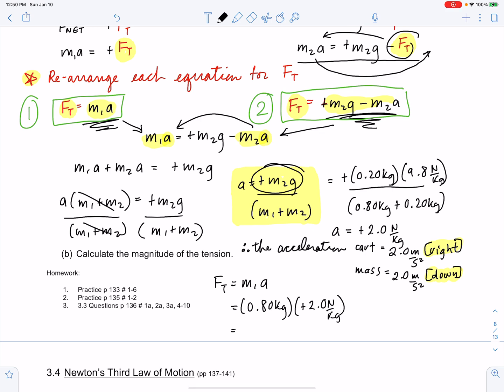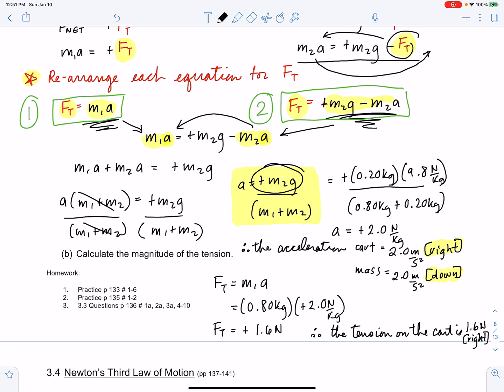If you punch this into your calculator, you end up with a force of tension acting on the cart of positive 1.6 newtons. Therefore, the tension on the cart is 1.6 newtons, and the direction is right.